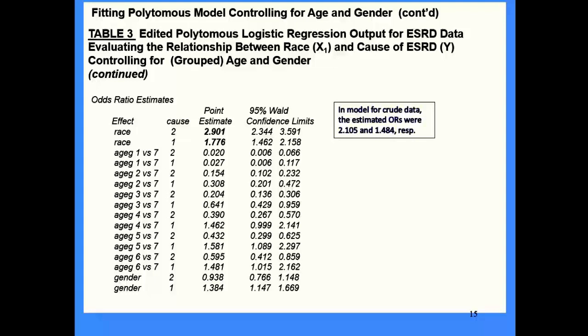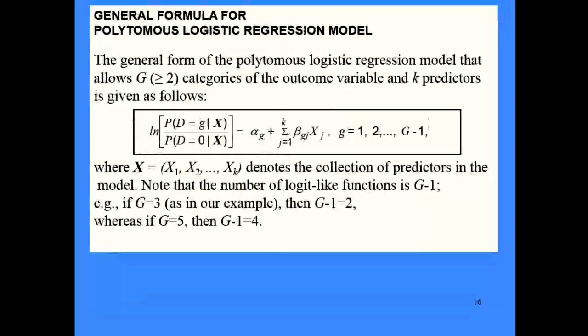Okay. Now, let's see what else. Whoa, what's this? This is the type of thing where you think, wait a second, I thought it was easy. The general form of the Polytomous Logistic Regression model that allows G, two or more categories of the outcome variable, and K predictors is given as follows.